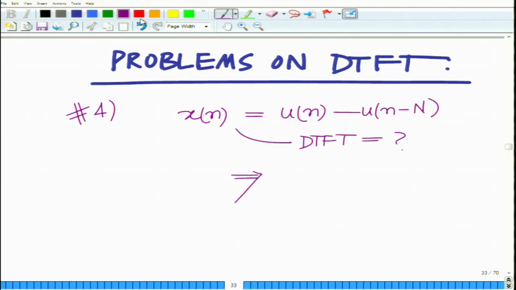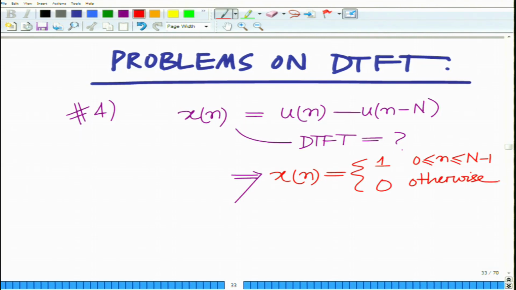This implies, if you can see, this is clearly x n equals 1 for 0 less than or equal to n less than or equal to N minus 1, and 0 otherwise. It is 1 only in a window of 0 to capital N minus 1, and outside this window, that is for n strictly less than 0 and n greater than or equal to capital N, this is 0.